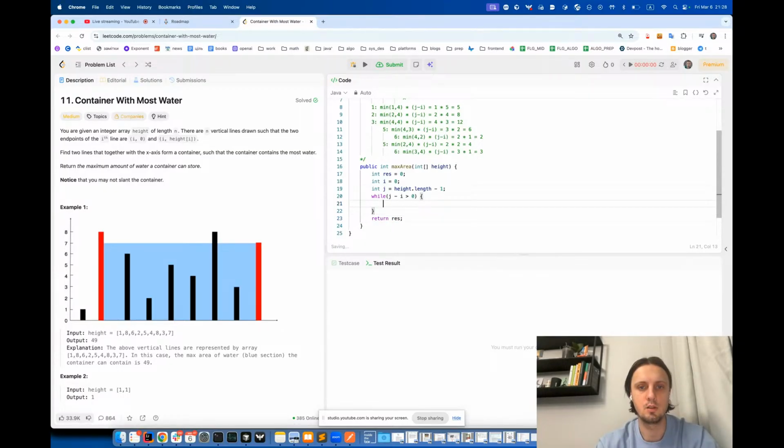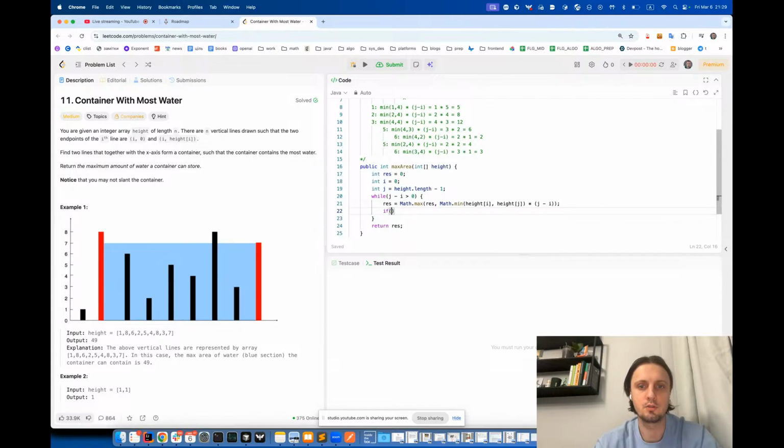What we do, we take result, and it would be the maximum between result and the minimum between height i and height j, right? And then we should multiply this minimum by j minus i. And here it would be actually result.